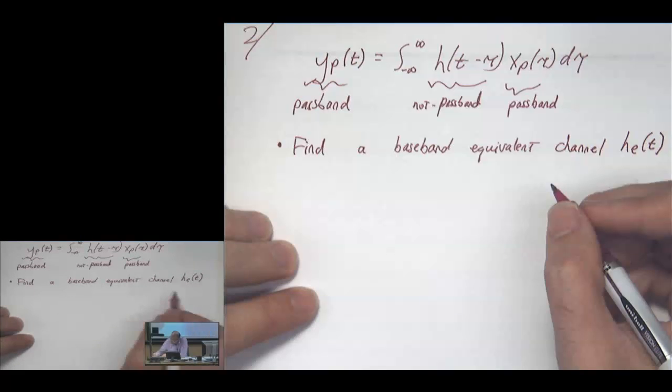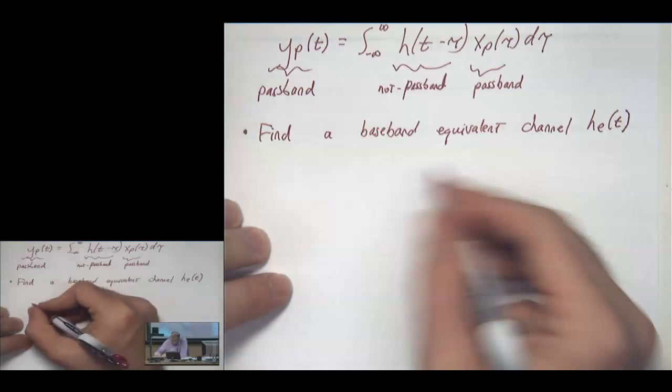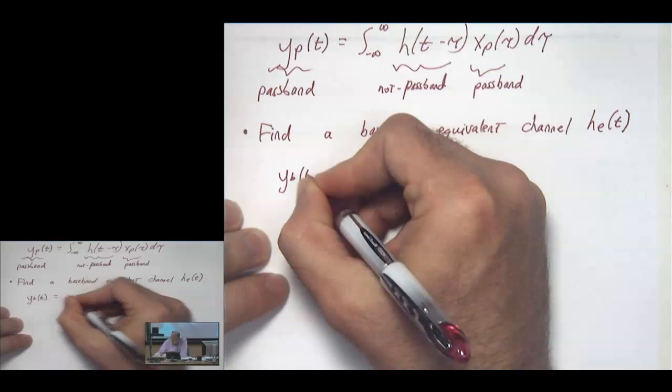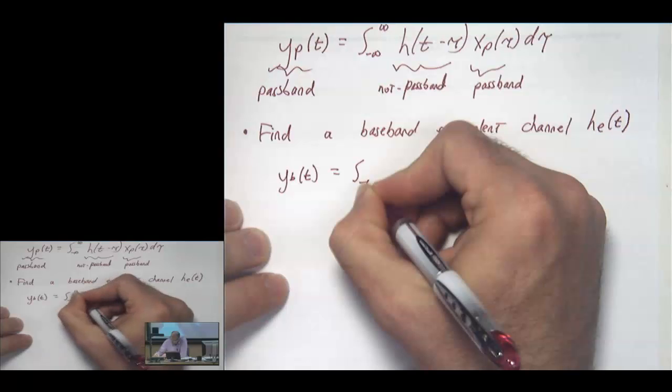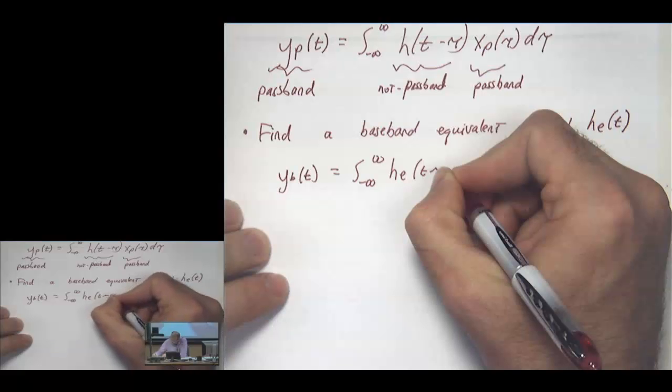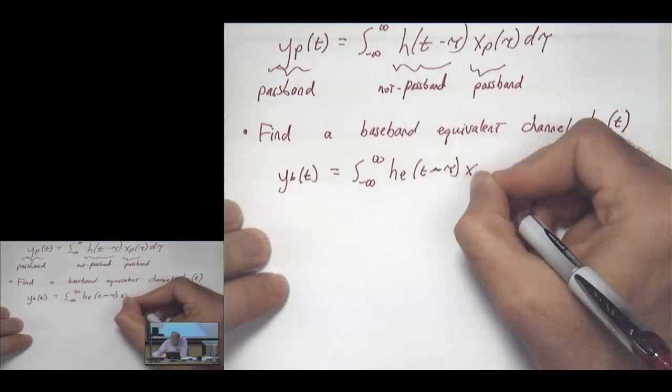We're going to find a complex baseband equivalent channel such that we can write a relationship: Y_B of t, that's our baseband signal, is the convolution between this complex equivalent impulse response and our baseband input.